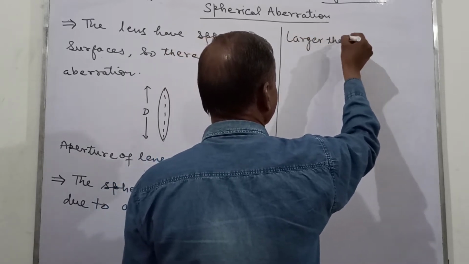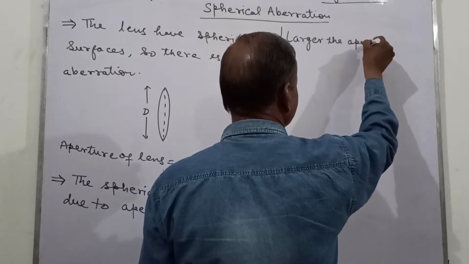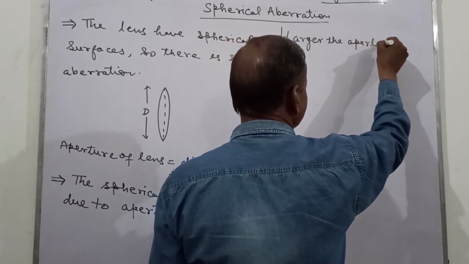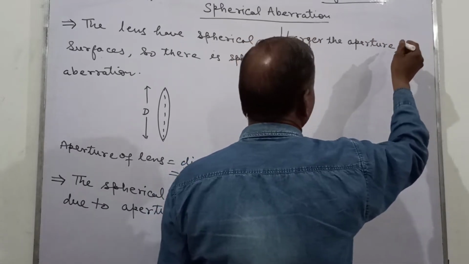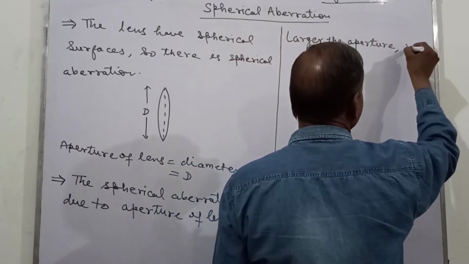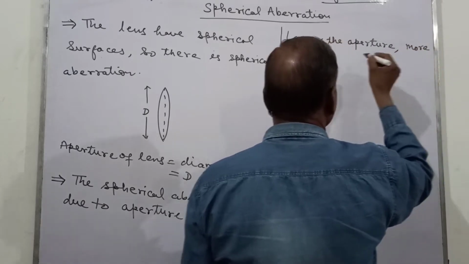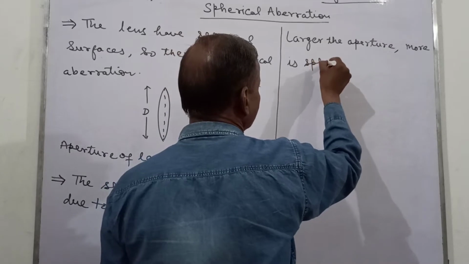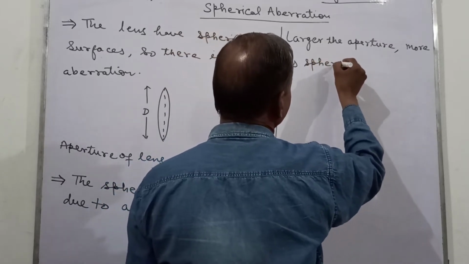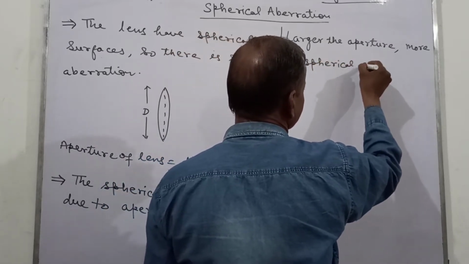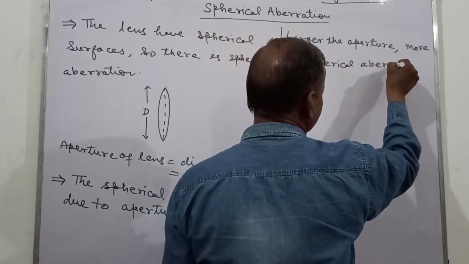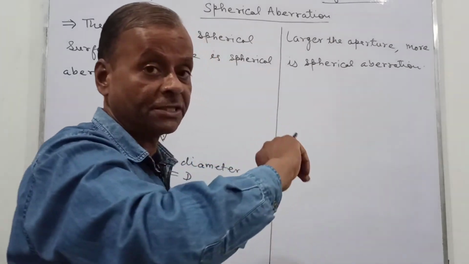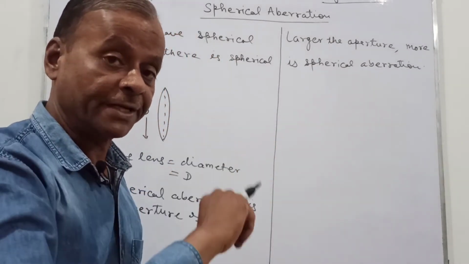Larger the aperture, more is spherical aberration. It means that the aperture is the measurement of the spherical aberration.